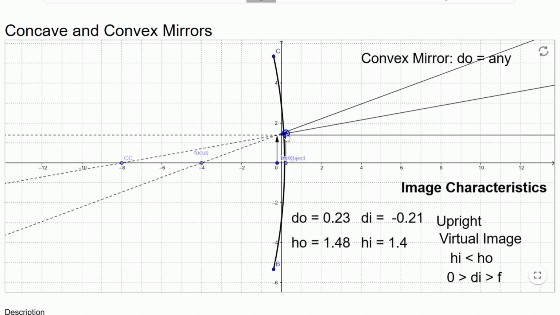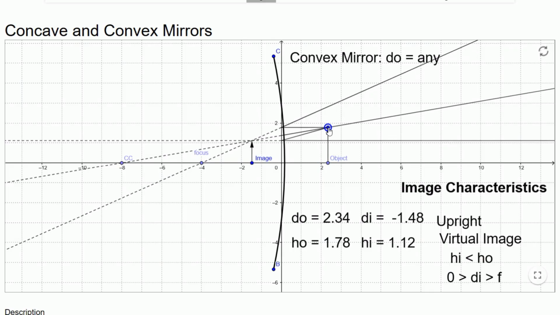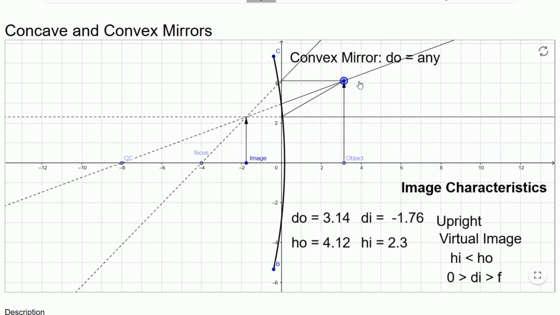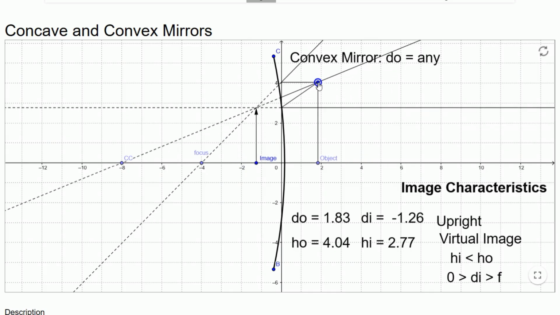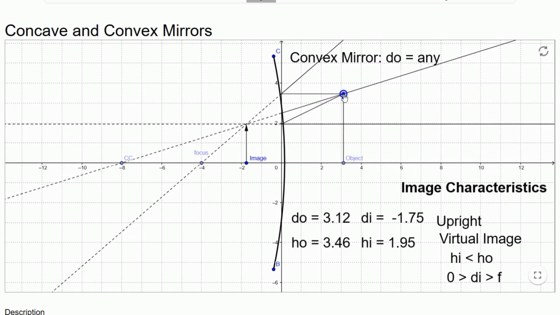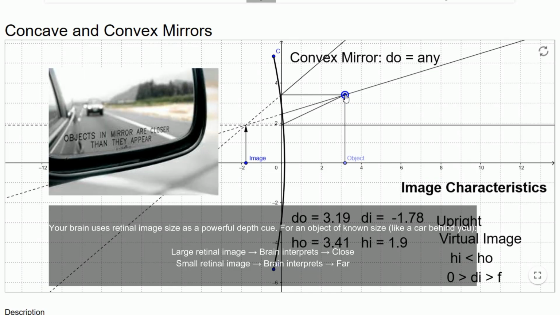And now, moving on, we have the convex mirror. As you can see, no matter where the object is, our image is always smaller than the object. You may notice this in the side mirror of a car, where objects appear smaller or farther away than in reality.